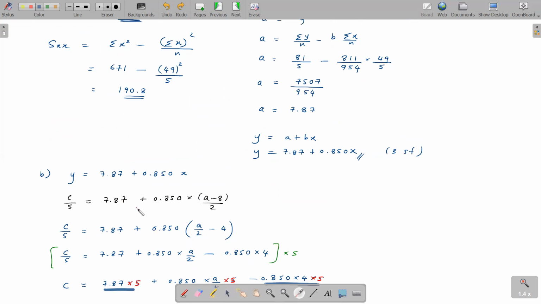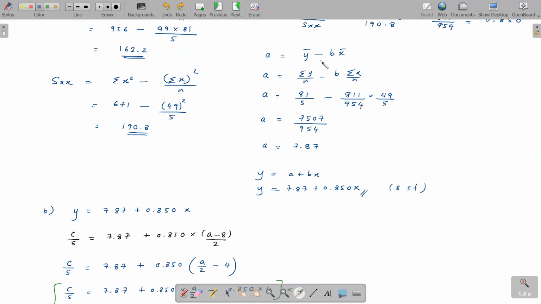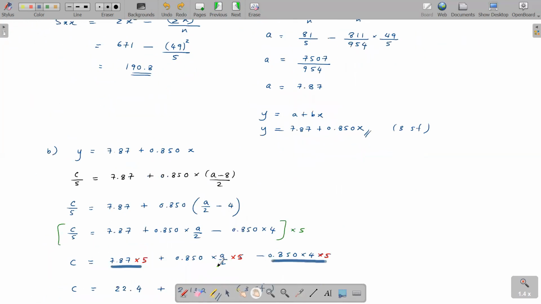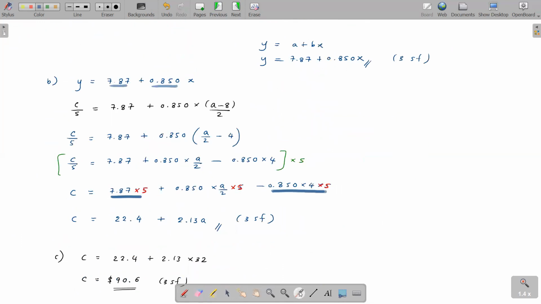Increase 3 decimals for A. Okay, and you can increase 3 decimals for B. Okay, so these are B values. Here 0.850, you can increase another 3 decimals. Okay, so increase the A and B decimals, and you can use those increased decimals instead of working with 3SF. And then, guys, you can get a line that's kind of having around 6 significant figures.